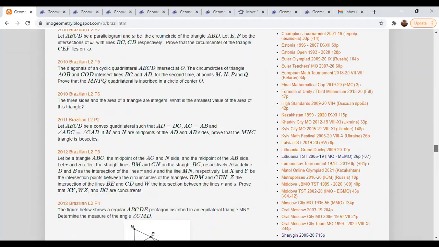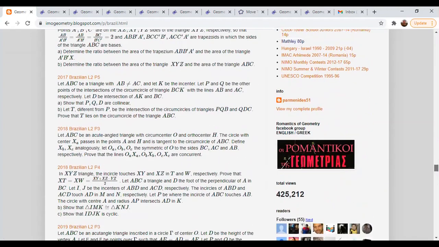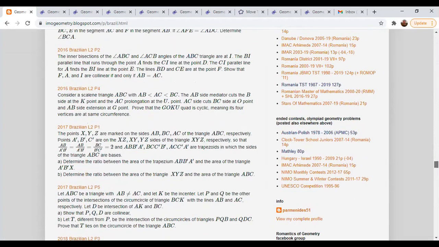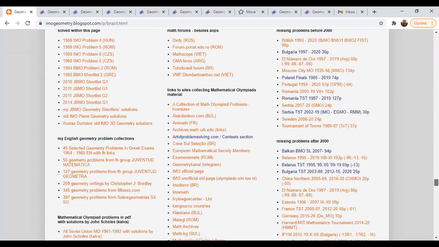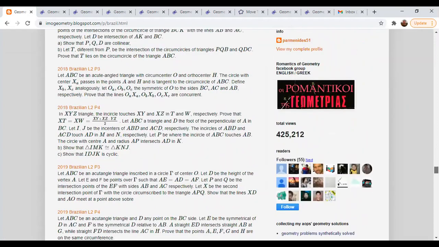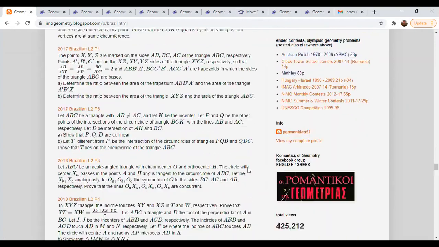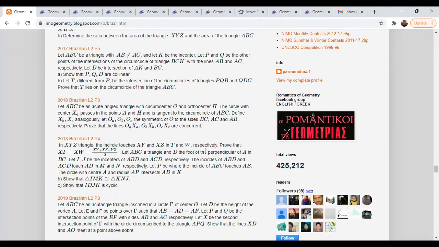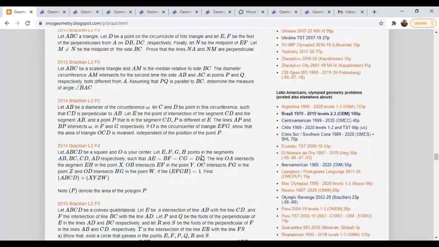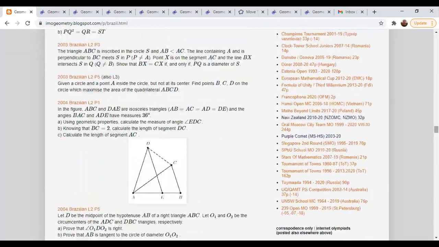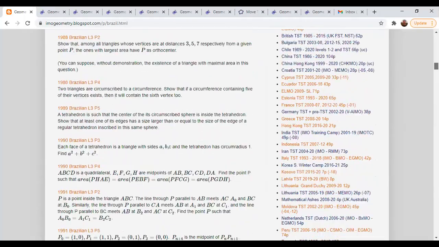Oh yeah, I had one of their problems on one of the sessions on my channel, and we couldn't solve it. It was stupidly hard. But here, it's just level 2. Let's see, level 2, level 3.